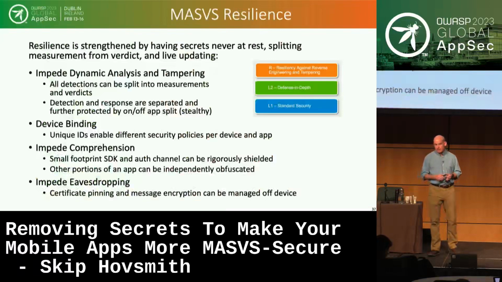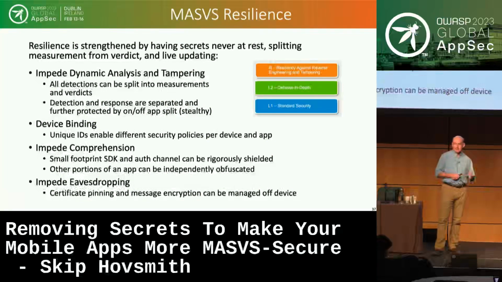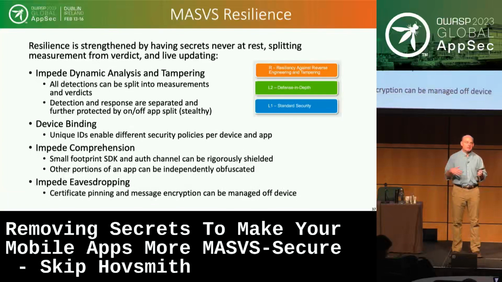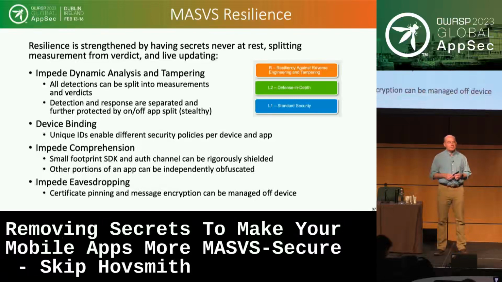So just to summarize, I said in my talk that we were looking to establish the mobile application security verification standard resilience. There are 3 layers to this verification standard, resiliency being the top one. This is section 8, and there's a bunch of different sections in it.